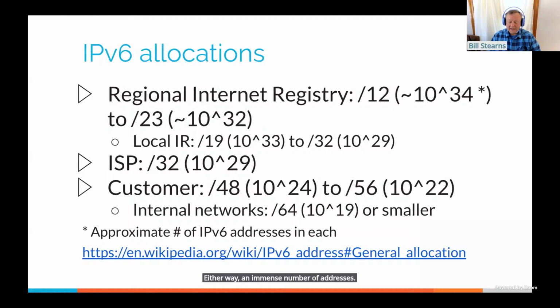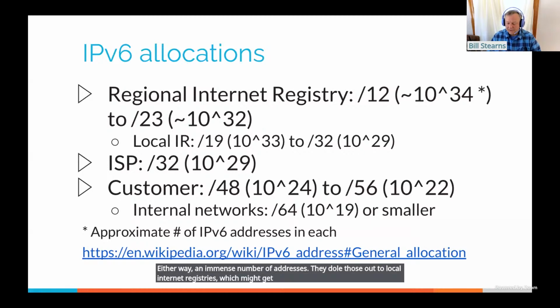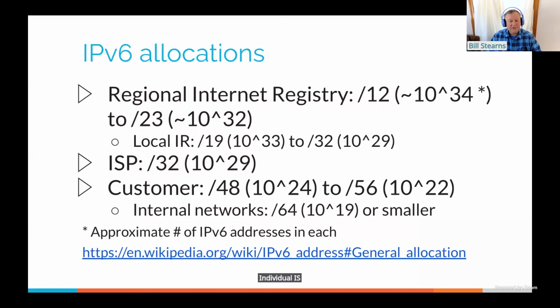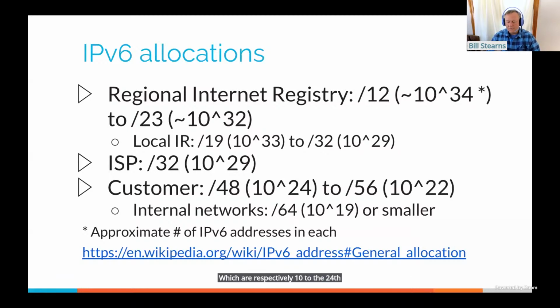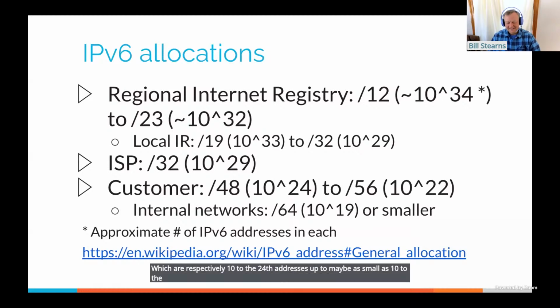They dole those out to local internet registries, which might get anywhere from 10 to the 33rd to 10 to the 29th addresses. Individual ISPs get approximately 10 to the 29th, which is a /32. And then they turn around and break their block up into smaller blocks of /48 through /56, which are respectively 10 to the 24th addresses up to maybe as small as 10 to the 22nd.